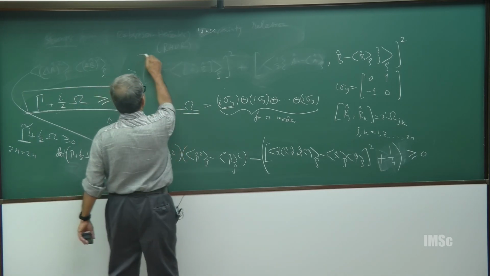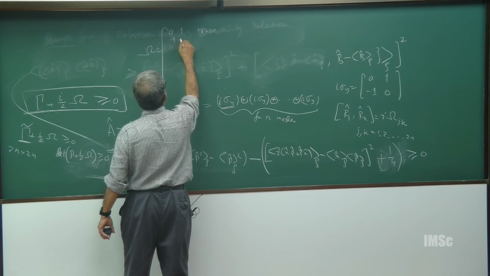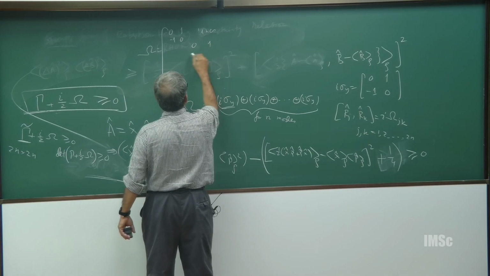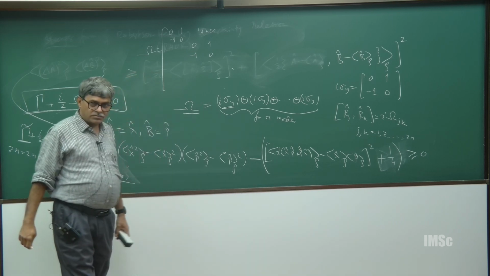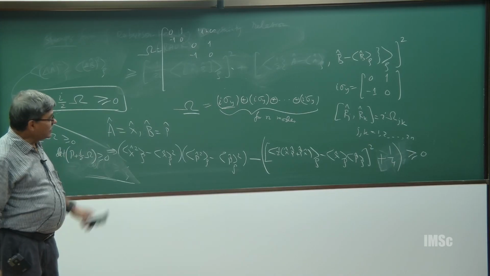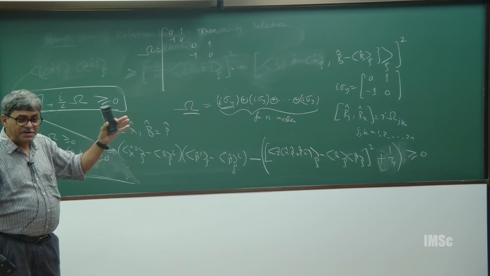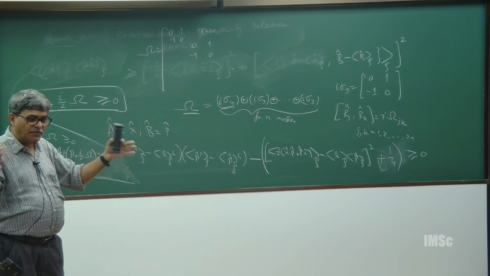It looks like 0 1, minus 1 0, and so on. Mathematically this is a direct sum, not a tensor product, but the entire Hilbert space is the Hilbert space of n oscillators.